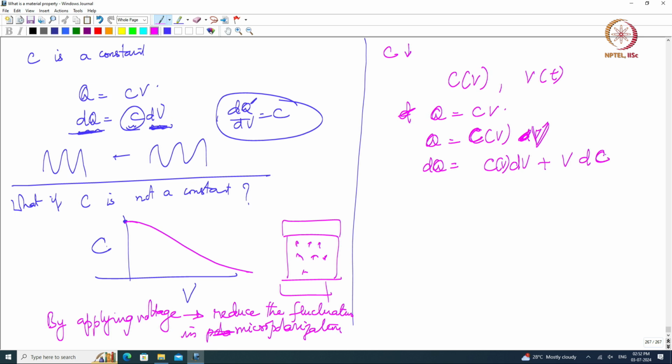Now, everything is changing with respect to time. So, dq by dV will be equal to C, plus V dC by dV.